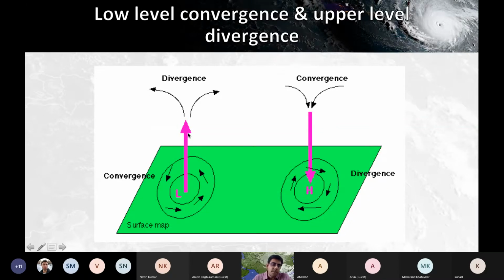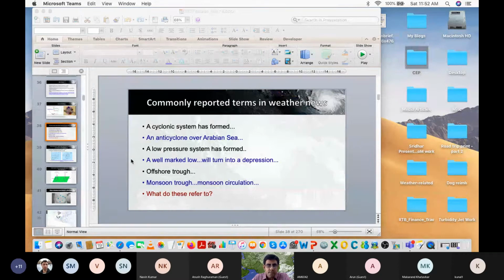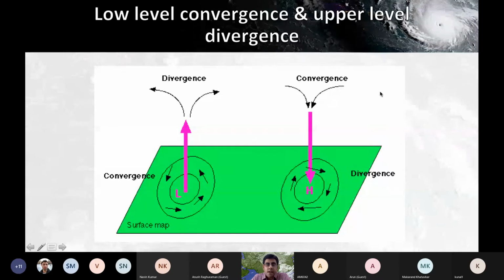That is the recipe for inclement weather, and this is the recipe for a clear sky. So convergence. Yeah, so that is what is needed for a clear sky.